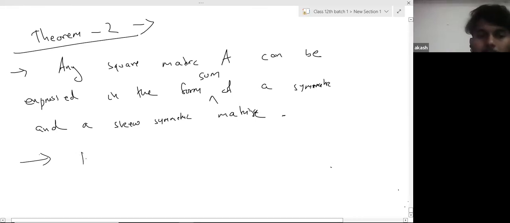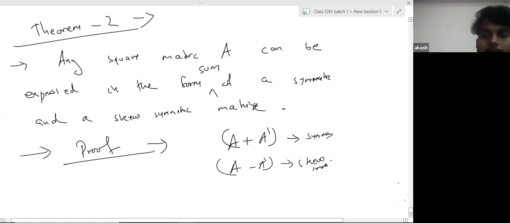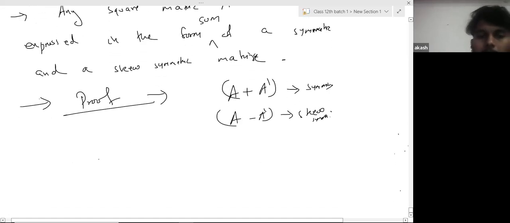Let's see how to do that proof. We know that A plus A transpose is always symmetric. A minus A transpose is always skew symmetric. So can I write A as half of A plus A transpose plus half of A minus A transpose?